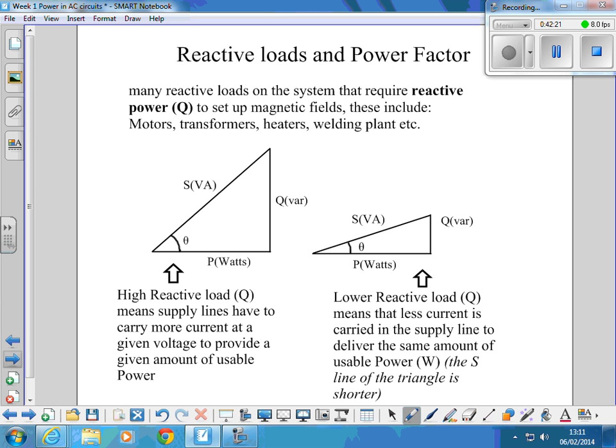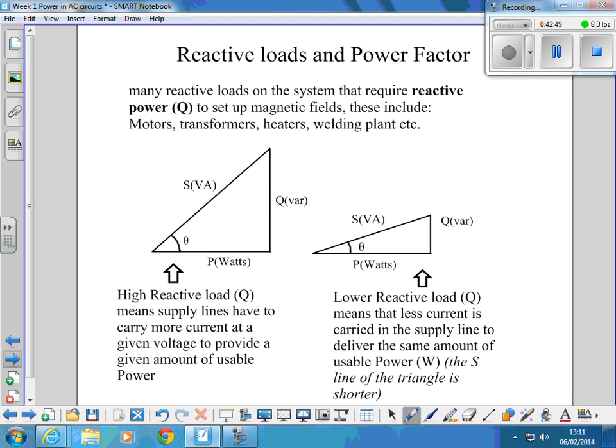So if in those two diagrams we assume that the power line is the same length, the left-hand one draws more current from the source than the right-hand one does, because in the right-hand one the angle is less, the reactive power is less, and hence there's less current being drawn to create that VA line, the same length across the top there.